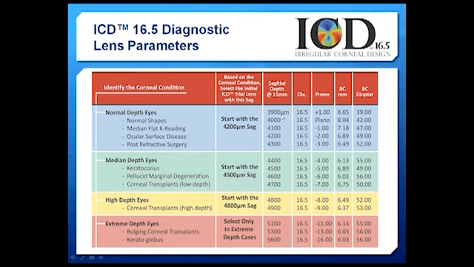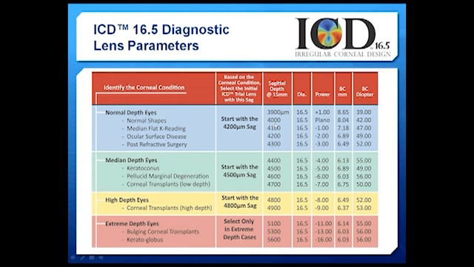So again, note that the diagnostic set goes from 3900 to 4900 in 100 micron increments. So from the flattest lens, as you go to the next higher lens, you've just added 100 microns in sagittal depth at the apex.